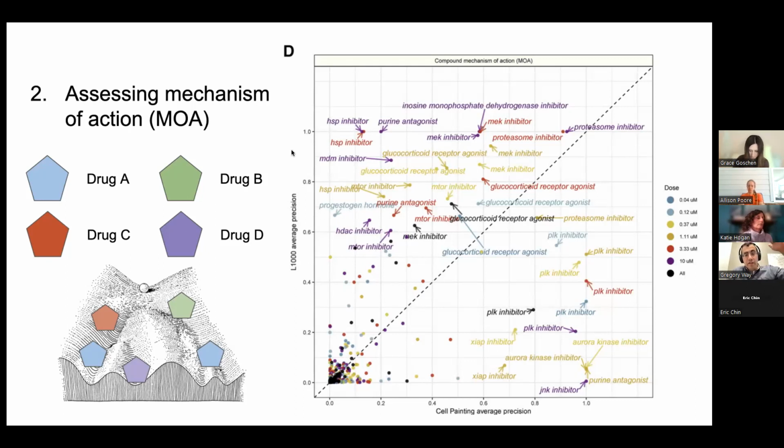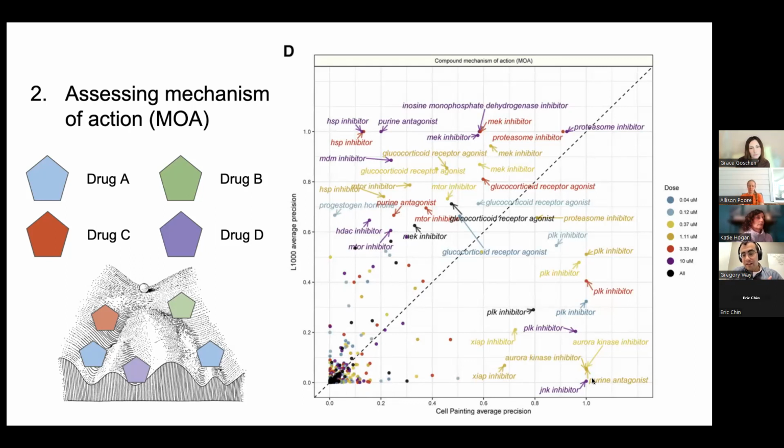The higher you are on this, the more gene expression captures that specific mechanism. And the x-axis is the same metric, but using cell painting. Anything along the diagonal is going to be things that you measure very similarly between gene expression and cell morphology, and anything off the diagonal is things that might be measured better with L1000 or better with cell painting.